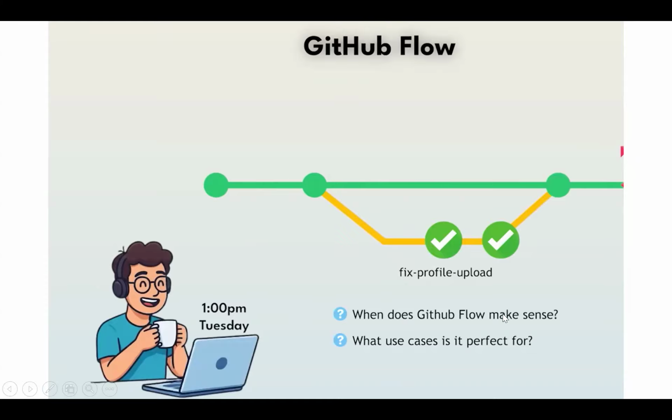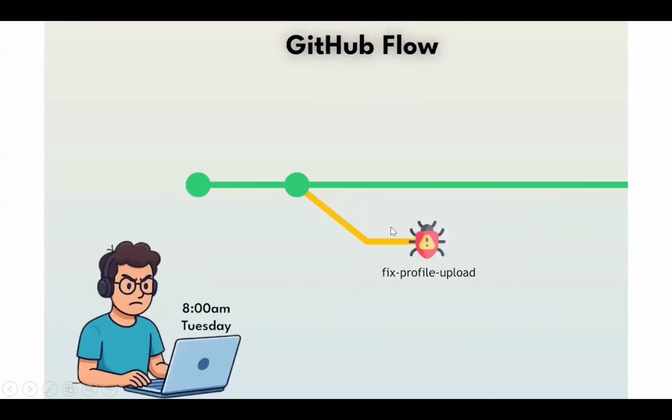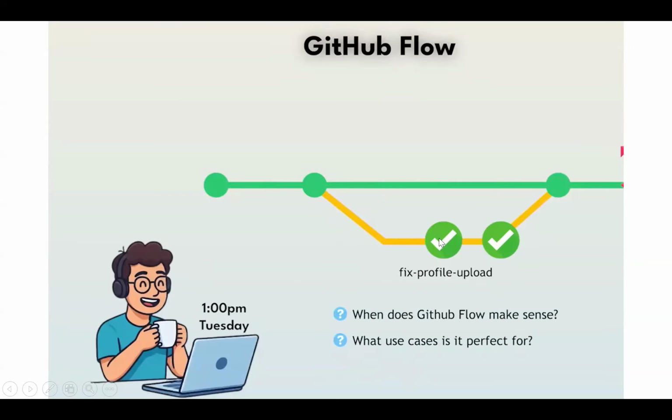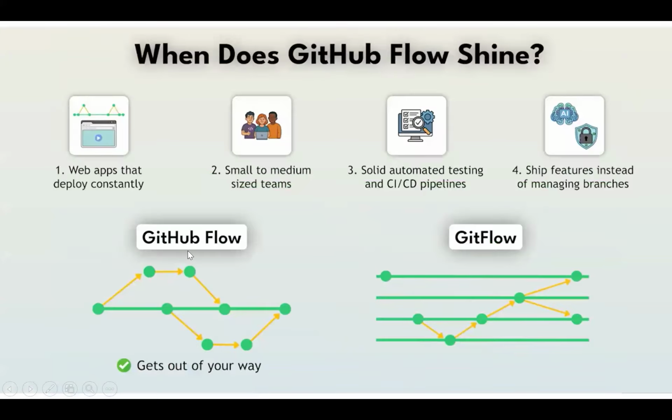At any point of time, if you get any bug, you can fix it at that very moment instead of creating another developer branch and creating a feature branch from that one. That creates a lot of confusion. This one resolves it at that very moment, on the same branch. So this is the GitHub flow.